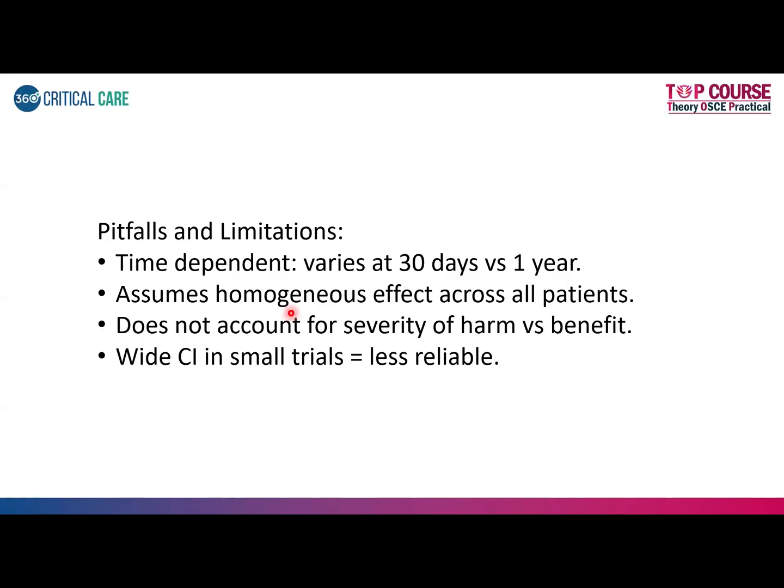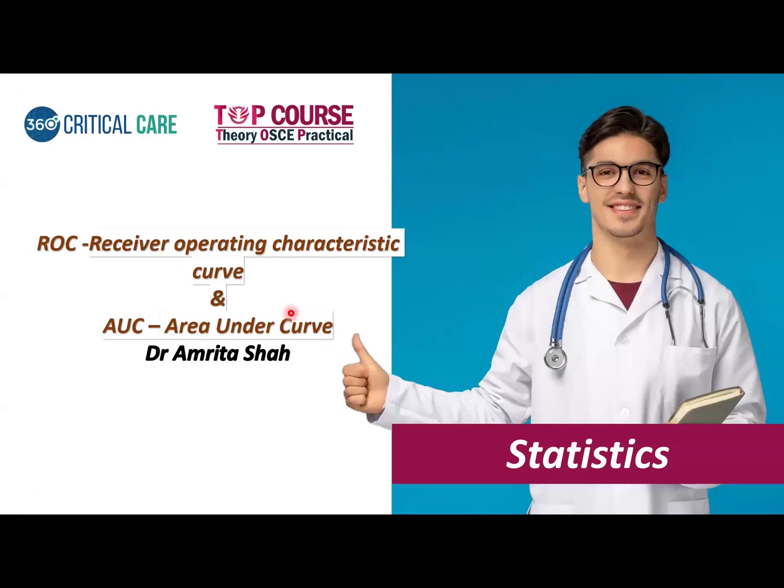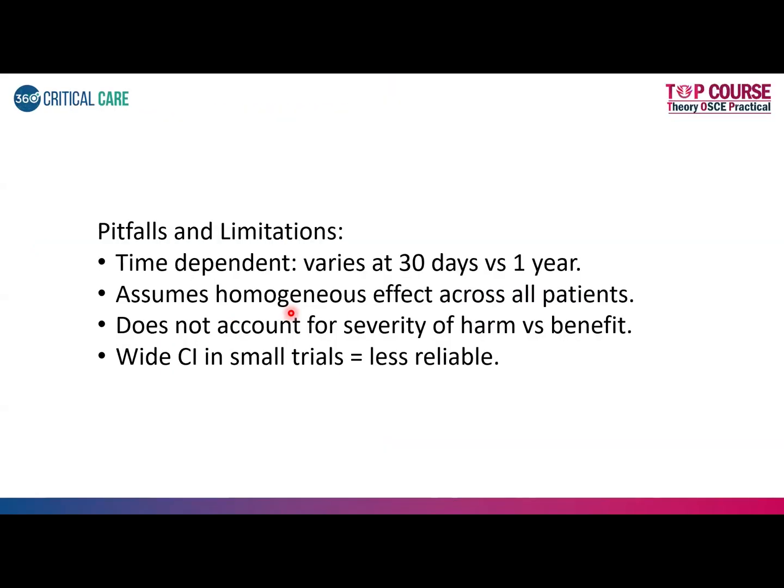They just give a number, and you have to interpret it yourself. And a wide confidence interval in small trials is less reliable. If the trials themselves are small, then these numbers won't matter. So I hope that you have understood the concept of number needed to treat and number needed to harm.